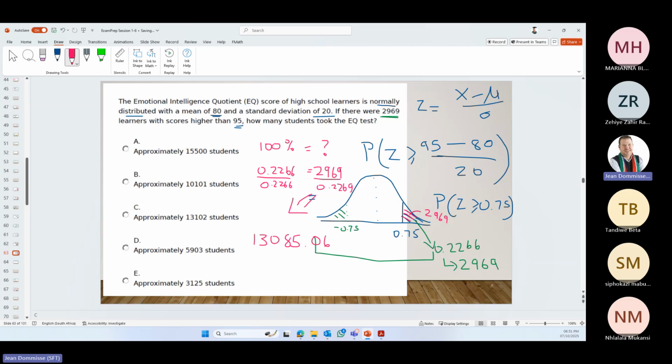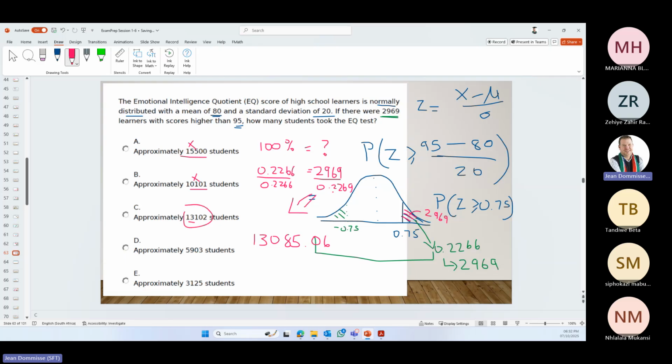Okay, so again, depending on how you're rounding off, they ask how many students, so which one is closest? 155, no. 10, too small. 13, okay, that one is very close.